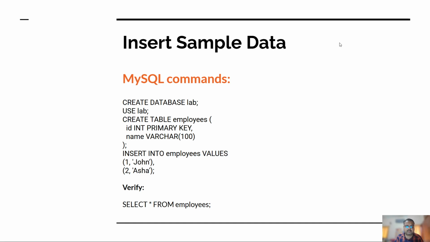Then we run this query. So this is the response that comes out from the query. So this is select staff from the employees, and we are getting this data.